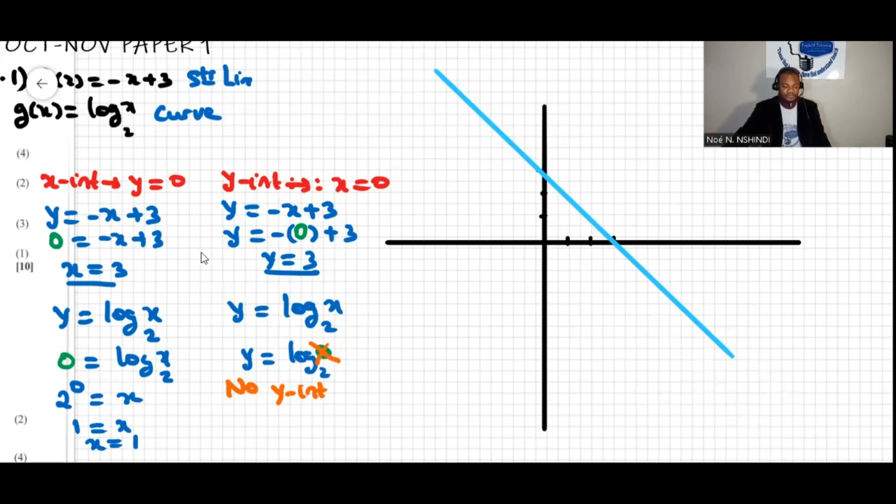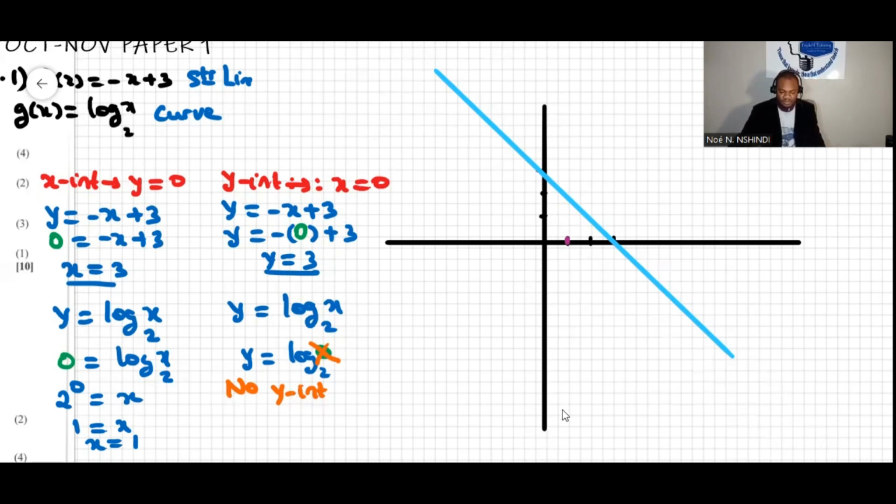Now we need to draw the graph of the log. The log is a curve, so I cannot use the ruler. I'm going to use free hand to draw the graph. It has an x-intercept at 1, so it passes through there, and then it will go up. Another property is that the log function has a vertical asymptote on the y-axis.